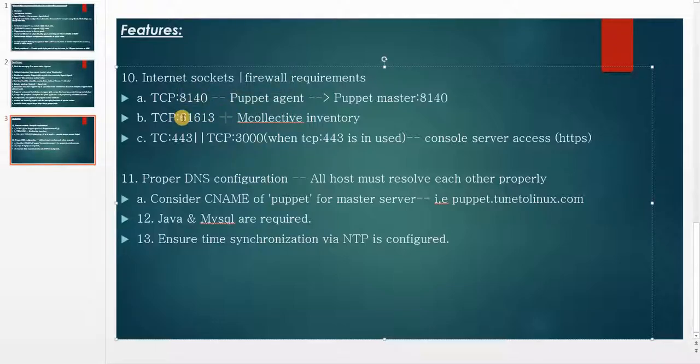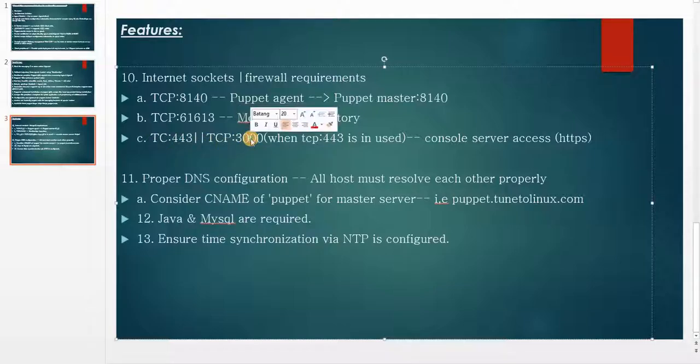Okay, and also 61613, which is used by M collective from Puppet Master to Puppet client. Okay, so this port needs to be enabled and open, otherwise you won't be able to fetch your agent information from Puppet Master, because M collective does that fetching of information for your client, and if this port is not open, you won't be able to do that.